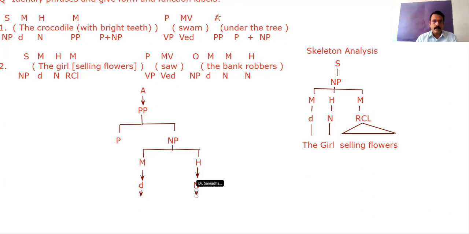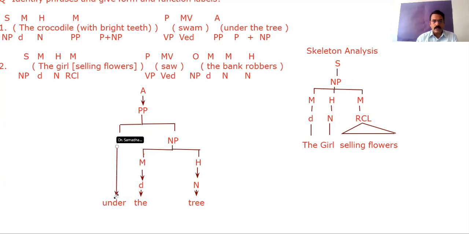So now let us see how we can write. Under is a preposition. The is modifier and tree is head. One more arrow we have to draw in order to indicate the preposition.